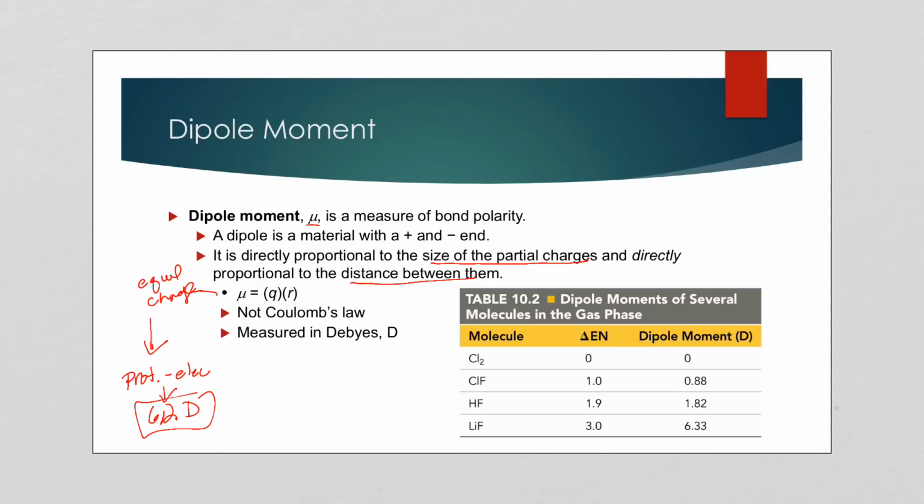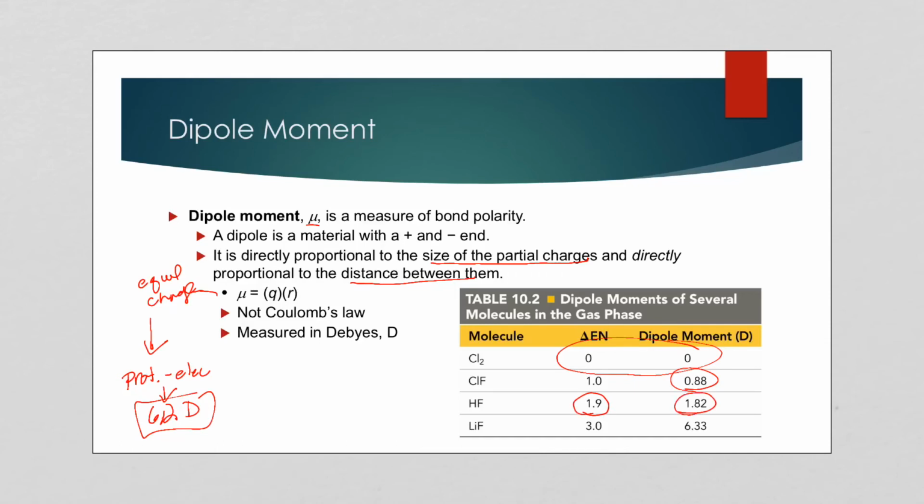Now, if we look at a table of dipole moments, you can see that if you have two bonds that are the same, of course, they're not going to have any dipole moment. If you get things that have a reasonable difference in electronegativity, you see a dipole moment. Still not very big. Now, this is where we're right on the cusp.